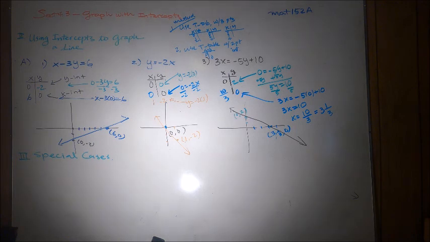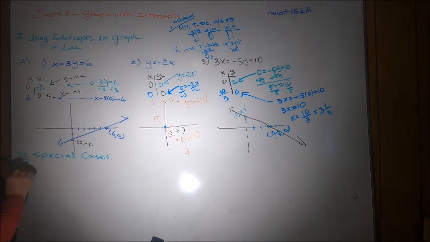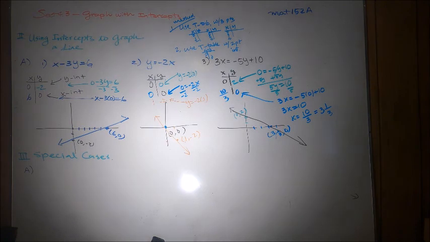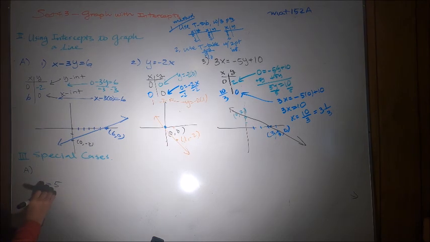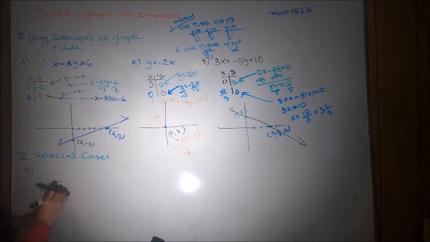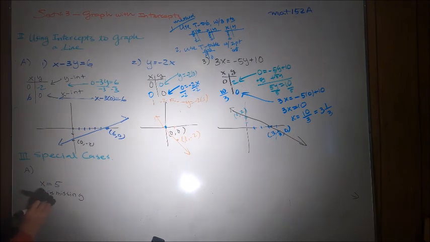Take a look. So on your page 26, okay, if we have this situation, if we say x equals 5, is this a linear equation? Except y is missing, right? So y is missing. So if y is missing, it means what? Y is free to be any number.